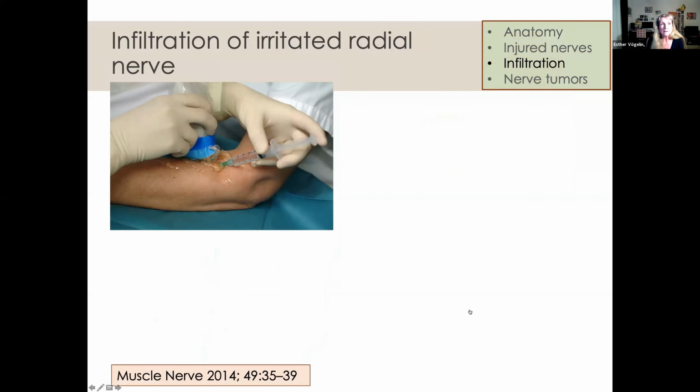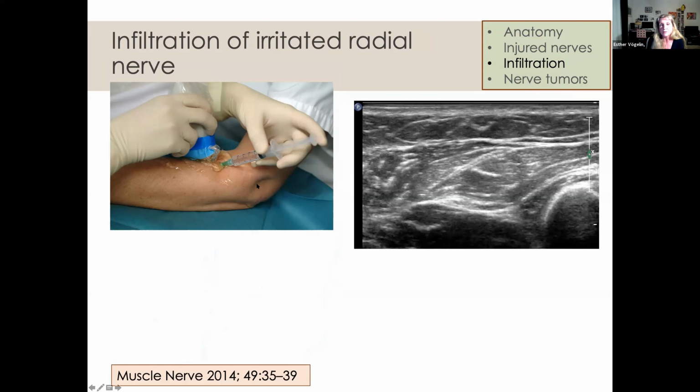The second nerve I would like to share with you is the posterior interosseous nerve. We have very often irritative pain along with epicondylitis or even wrist pain with the posterior interosseous nerve. And here, distal of the elbow, it's very nice to infiltrate this nerve.